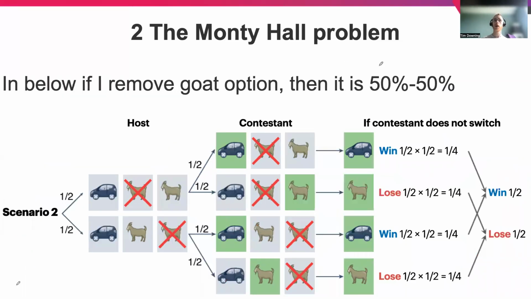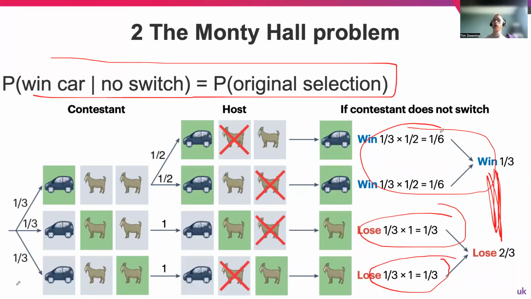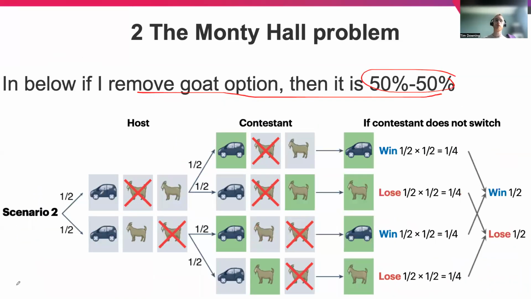However, what happens is that one goat option is removed, so that should improve our options. But you see here, if we don't change our mind, then our options are 1/3 and 2/3. If you look at this option here, where we're at the halfway stage and we select one of these outcomes, if we selected the goat originally and switch to the car, our chance of winning is shown here, and the same on the other side.